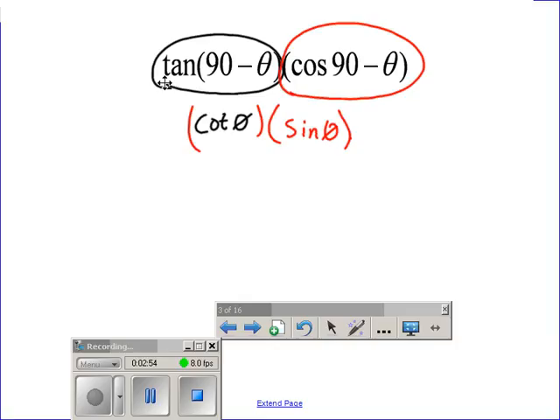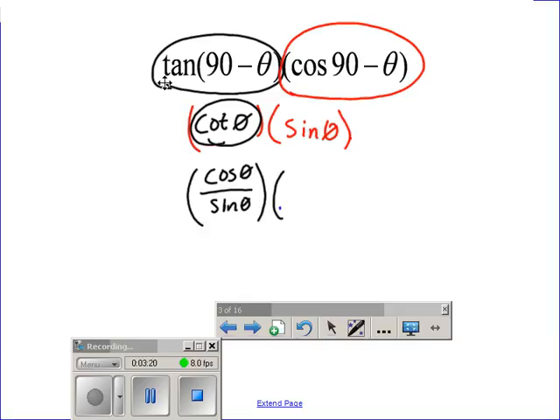Now our next step would be to write the cotangent as a sine or a cosine and see if that'll help me simplify anything. So what we're going to have is cosine theta over sine theta times sine theta over 1.